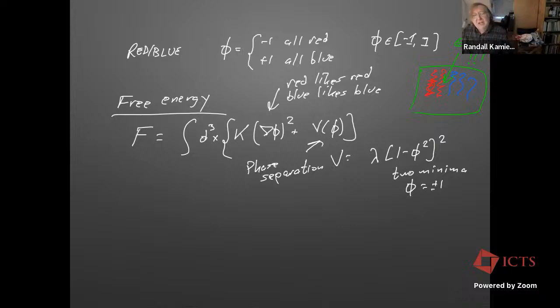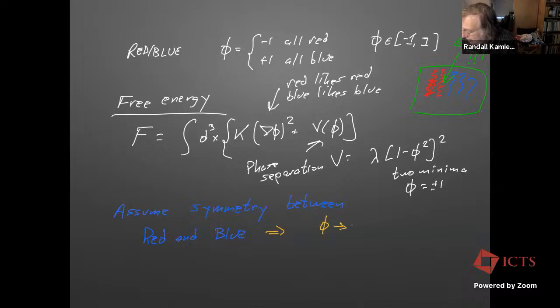Now imagine that you have a situation where the system is symmetric. Assume symmetry between red and blue. And what that means is that you have an exact symmetry.